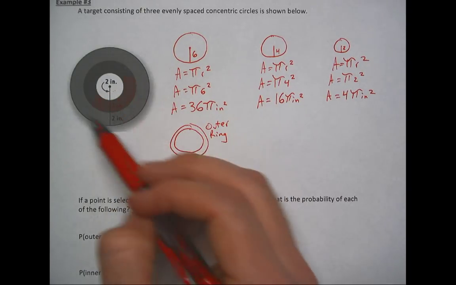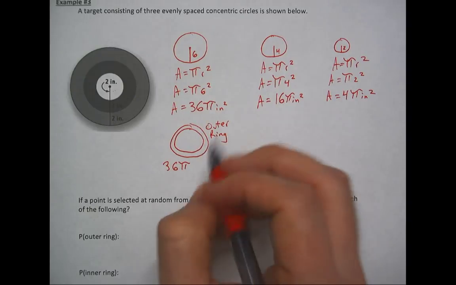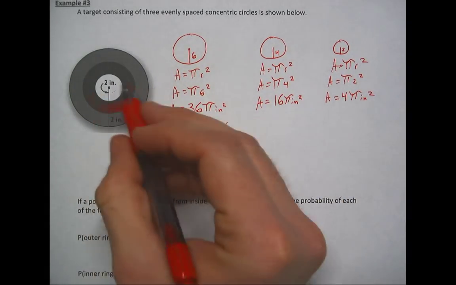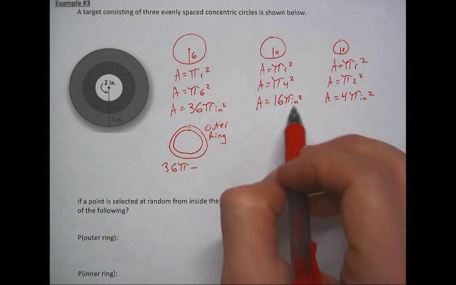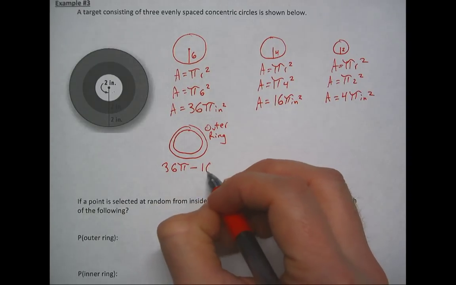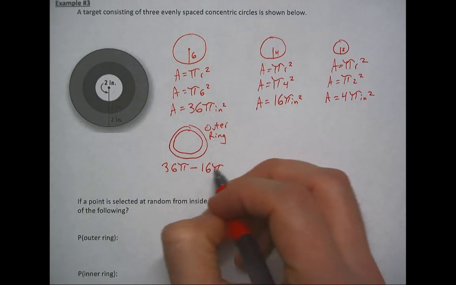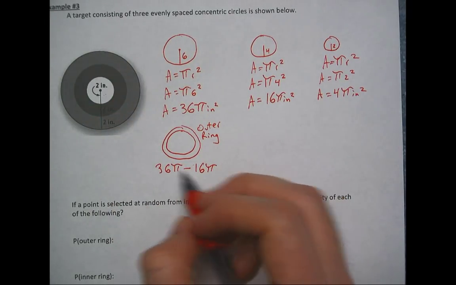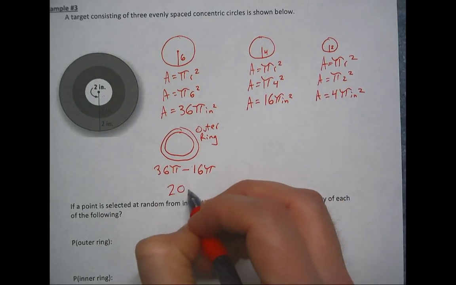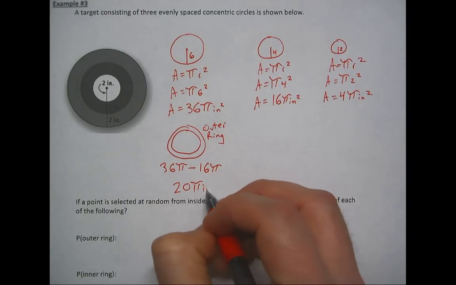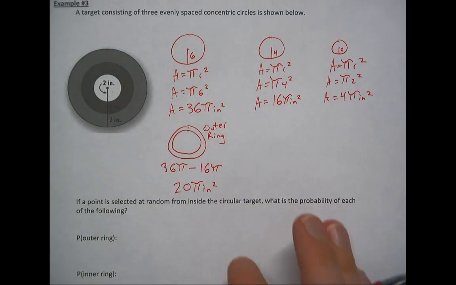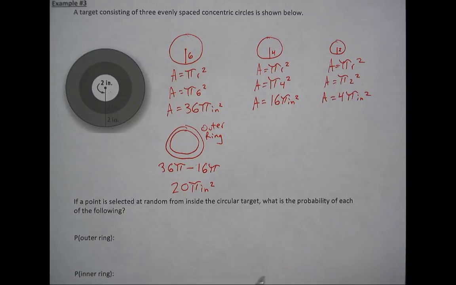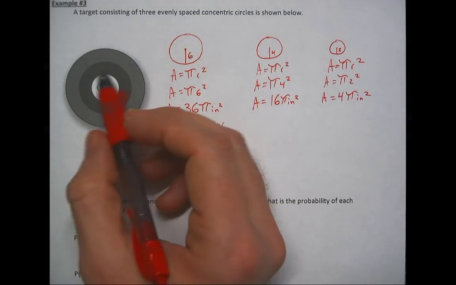And that's going to leave us with just the outer ring. So we're going to subtract this inner circle, the medium circle, which we said is 16 pi. So we're going to cut out 16 pi from the full circle, from 36 pi. And that's going to leave me 20 pi. So the outer ring itself is 20 pi. So what about the inner ring, this darker color in here?